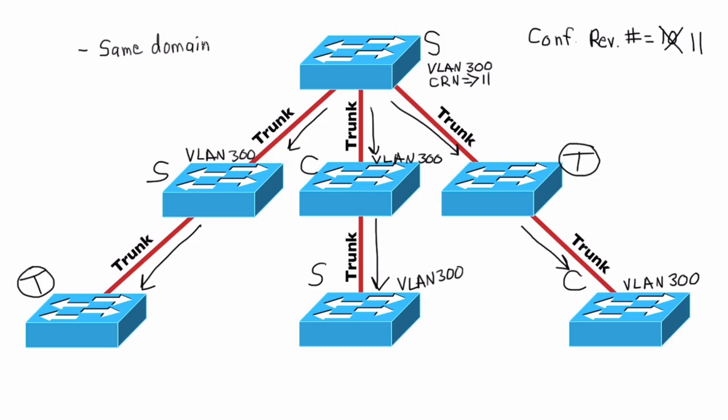This domain is case sensitive, by the way, and it needs to match on our neighboring switches for those switches to exchange VLAN information. VTP advertisements only go over trunk links. They're not going to go out of access ports. And we could optionally have passwords. The passwords need to match, and we might want to add a password for security purposes.